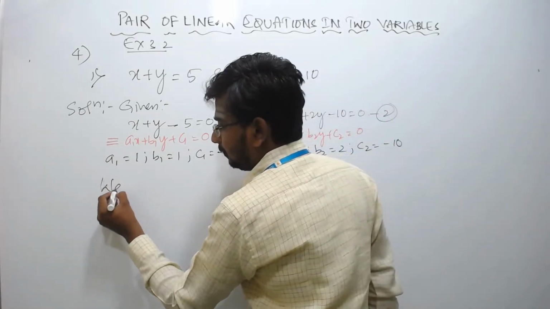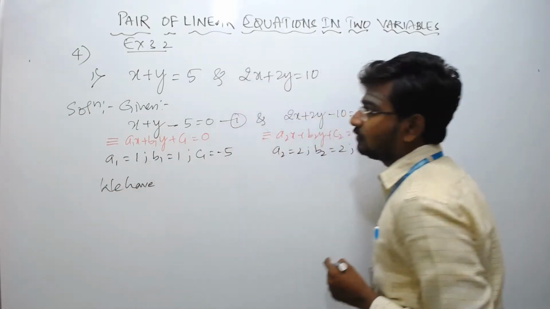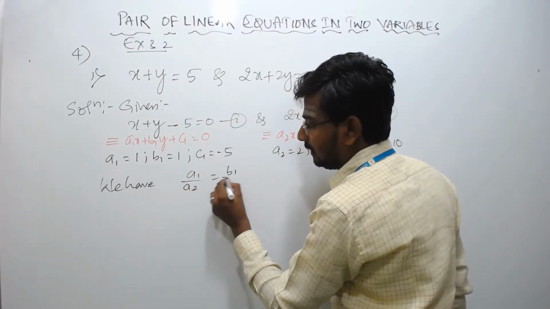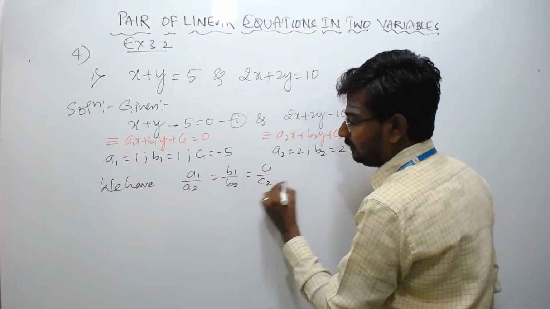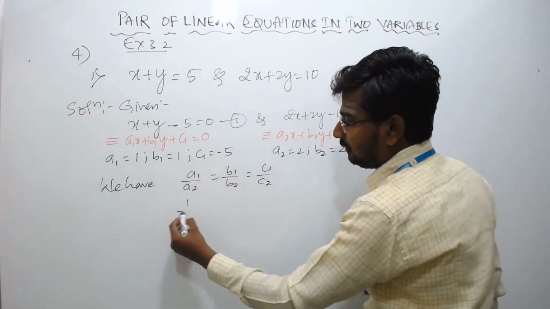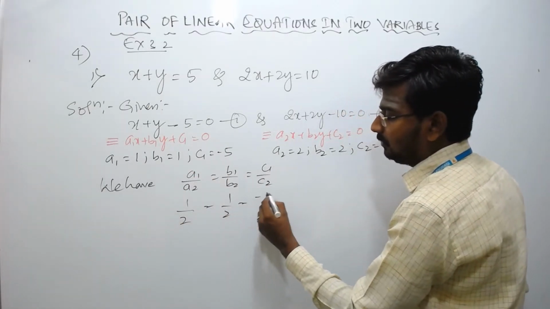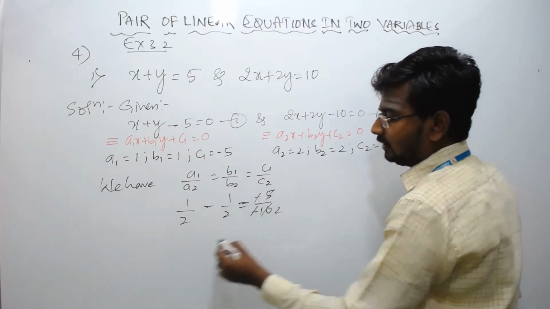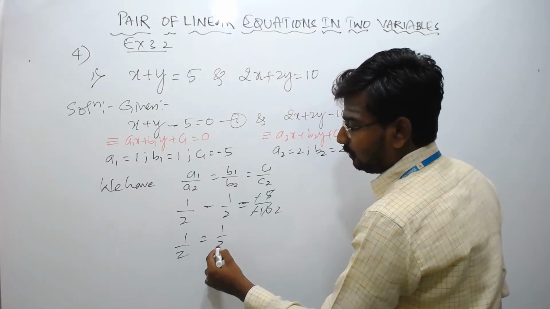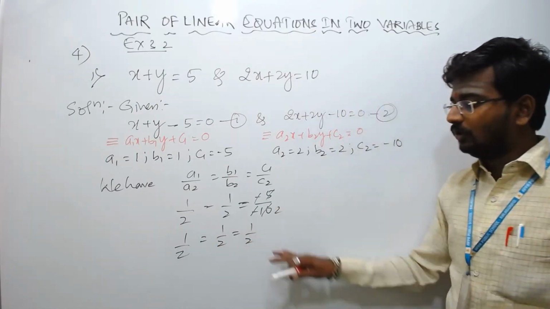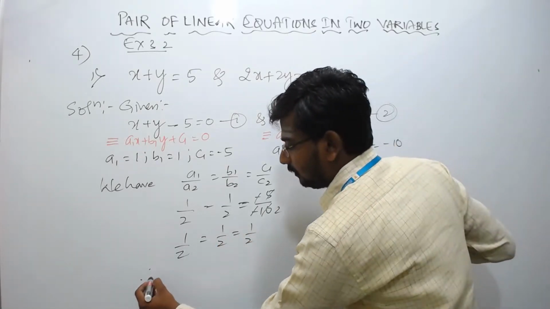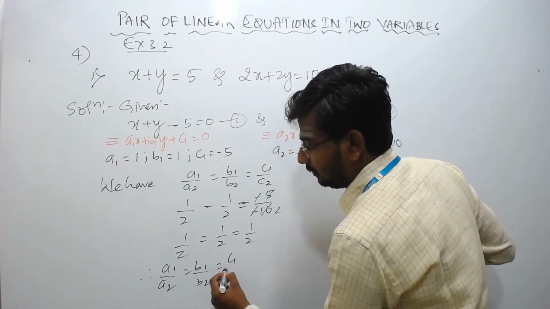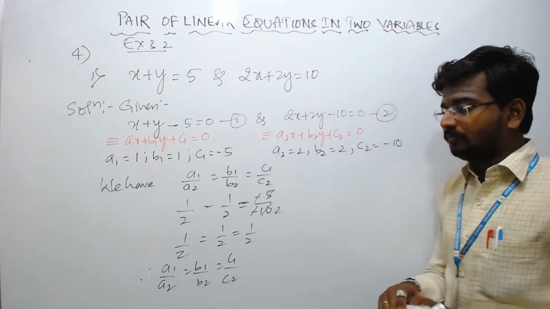So we have a1 by a2 equal to b1 by b2 equal to c1 by c2. Substitute the values. 1 by 2 equal to 1 by 2 equal to minus 5 by minus 10. Minus minus cancel, so 1 by 2 equal to 1 by 2 equal to 1 by 2. All are equal to each other. Therefore, a1 by a2 is equal to b1 by b2 equal to c1 by c2.